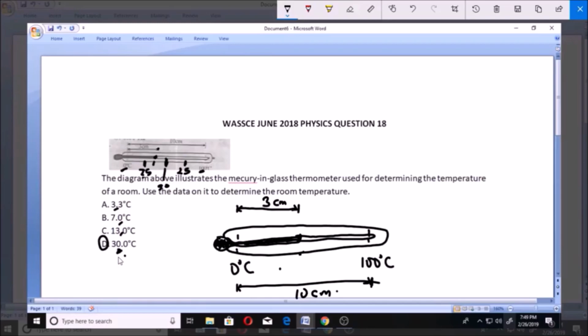And we all know that room temperature generally is around 25 degrees, so it's very okay to assume 30 than the other ones. So like I said, here is 0 from the diagram, here is 100, divide it into 2, you're having 50, and you have something that is lesser than 50, which we assume to be 30. So 30 degrees is the most likely close temperature, and that is the room temperature.